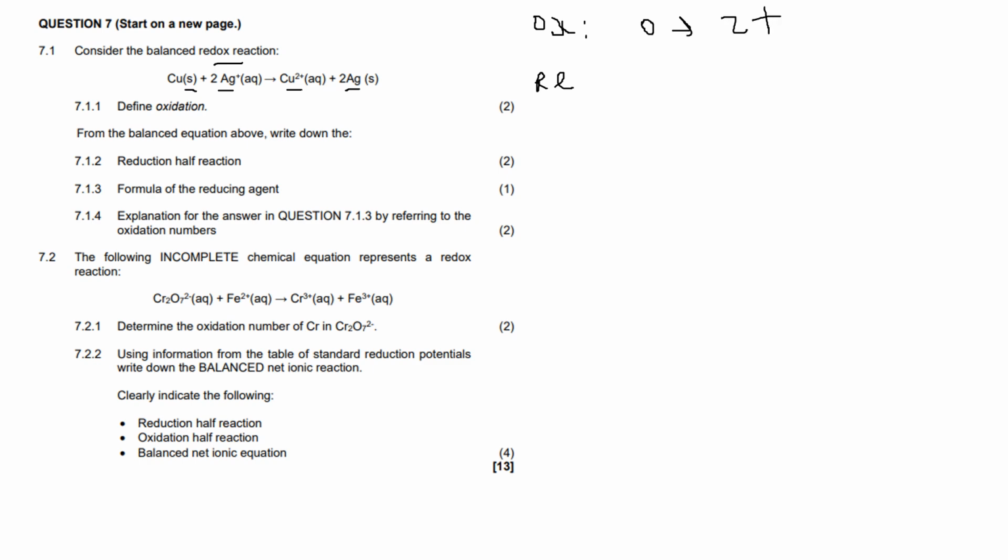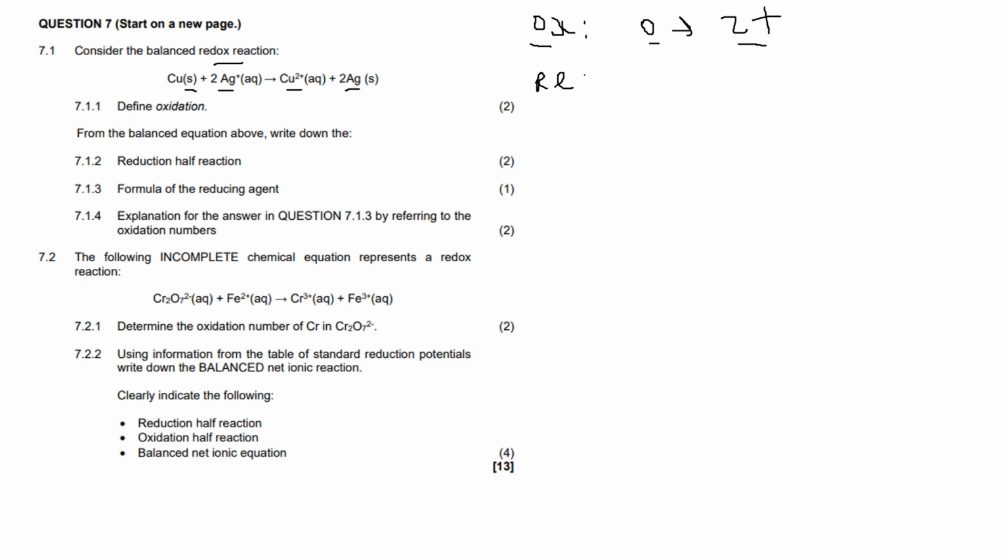When you're dealing with ions, every time you see plus, you must know that plus represents the loss of electrons, but minus represents the gaining of electrons. So if an element is going from a charge of 0 to a charge of 2 plus, that element would have lost 2 electrons. Whenever they lose 2 electrons, we say that element is undergoing oxidation.